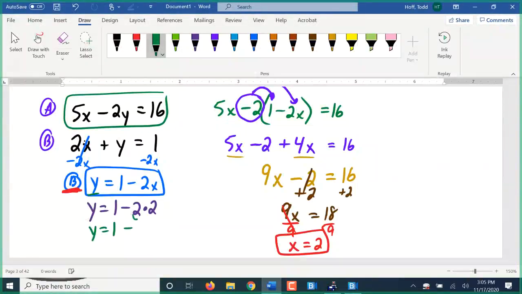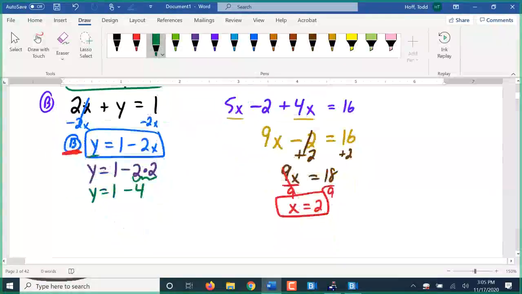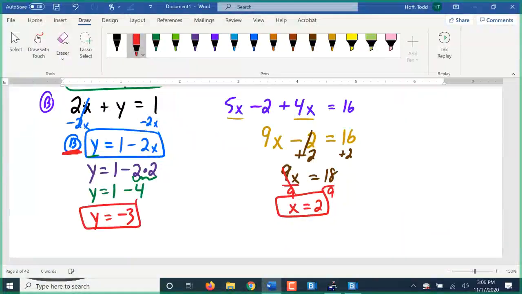Order of operations says we're going to multiply the 2 times 2, gives 4. And then 1 minus 4 is a negative 3. So that gives us the ordered pair here. X is 2 when y is negative 3. So that's really the whole process of solving a system of equations by substitution.